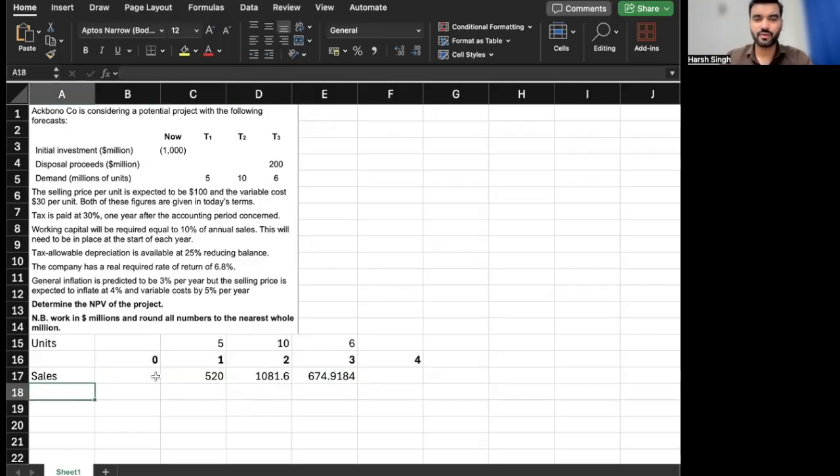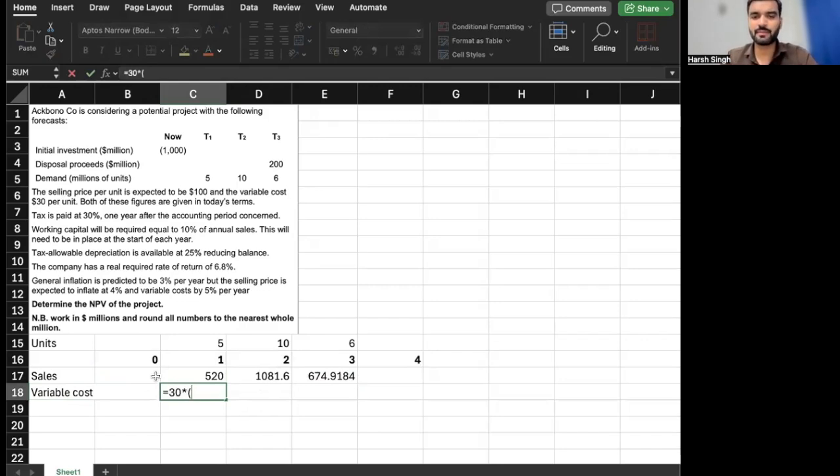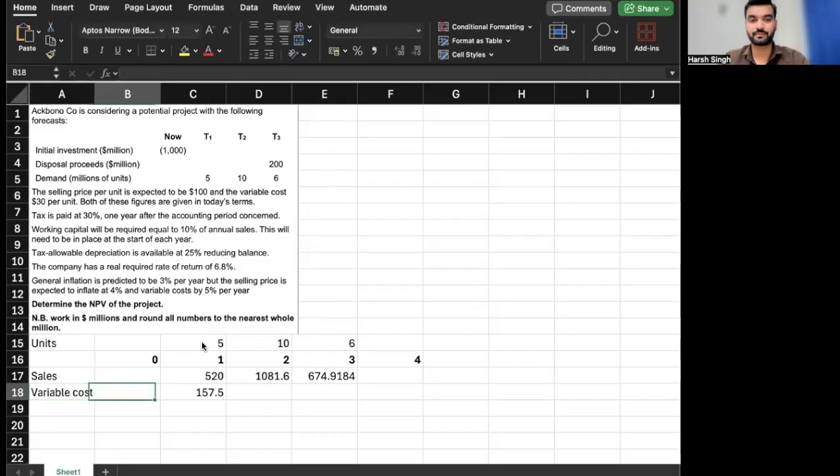After sales, variable cost. Now variable cost is 30 per unit. So again, same thing: 30 multiplied by bracket open, what is the inflation? 5%, 1.05 raised to the power 1, multiplied by the number of units.